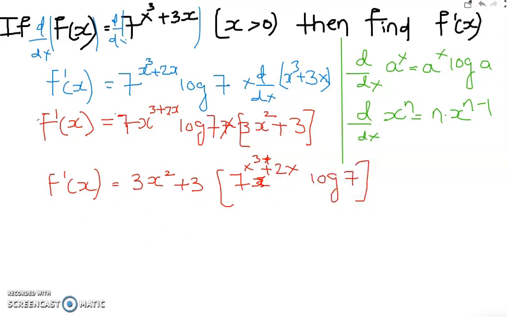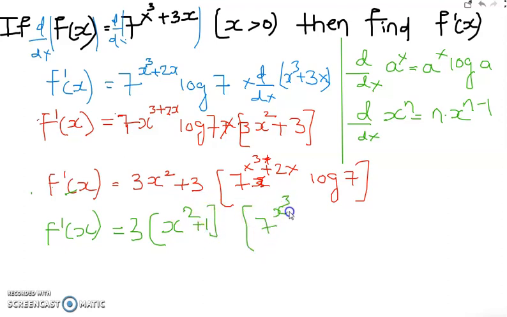Just take 3 as common. f dash of x is equal to 3 times (x square plus 1), into 7 power (x cube plus 3x) log 7. So this is the answer.